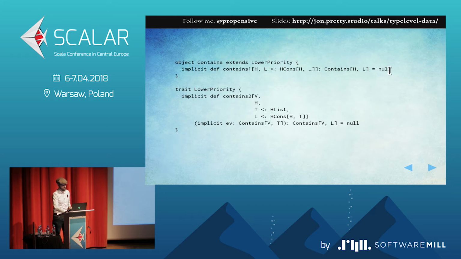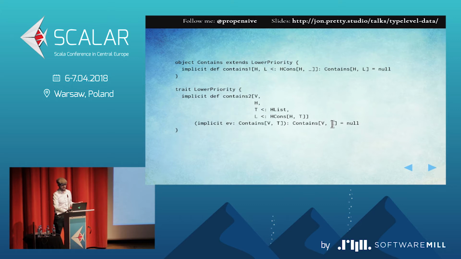So we use null. But if this doesn't infer the right type based on H and L, because the L is not matching this constraint here, then this implicit is not the solution. So what the compiler will do is it will look in the supertypes of this companion object. It'll look in the lower priority trait. And we have another implicit here. Now this one will return exactly the Contains type class instance we want.